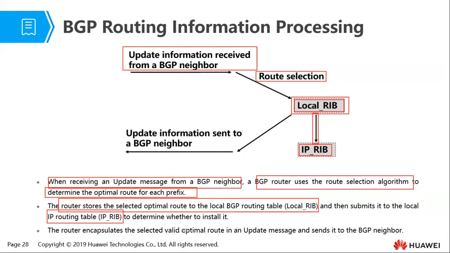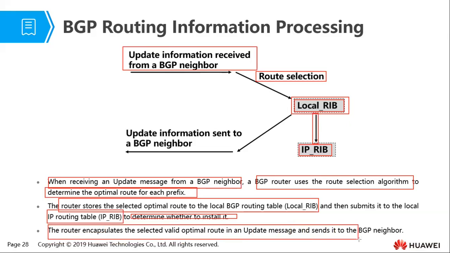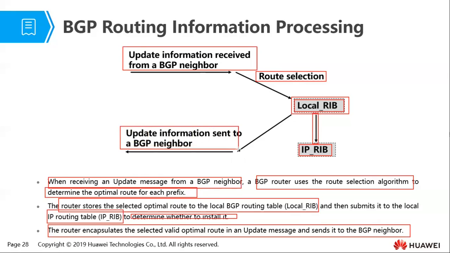And then it is submitted to the local RIB to determine whether to install it. So the router encapsulates the selected valid optimal route in an update message and sends it to the BGP neighbor. So whatever is here in the local RIB can now be advertised to the neighbor.